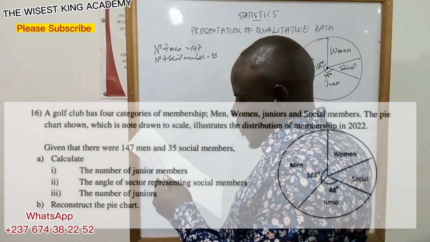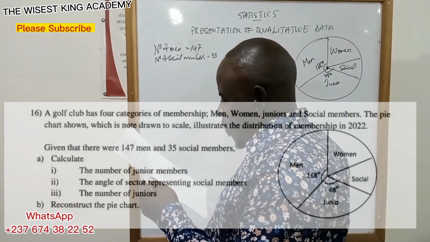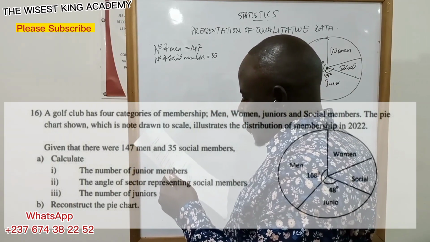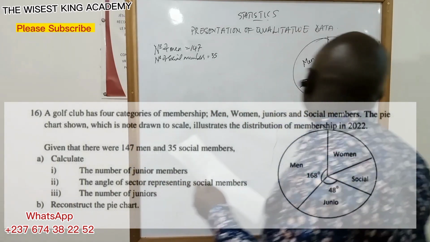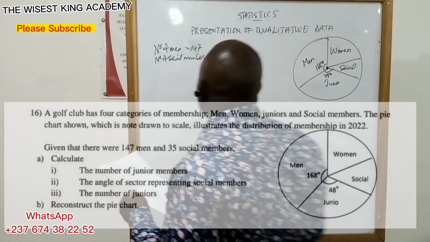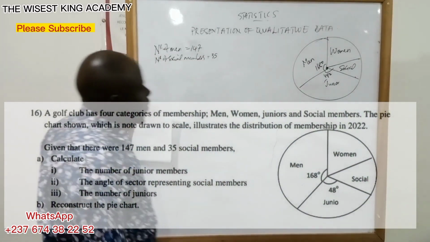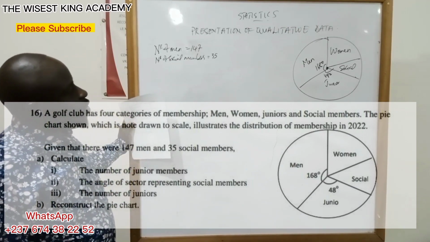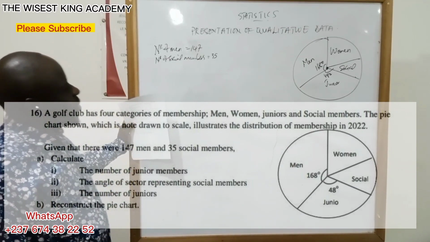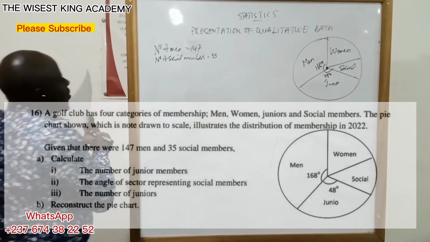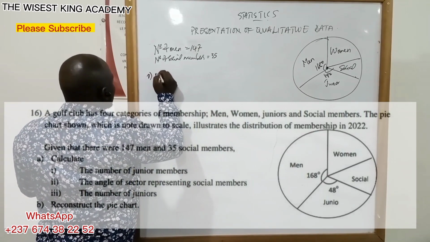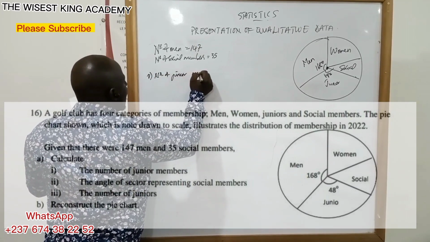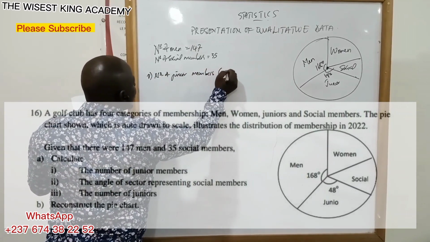To calculate the number of junior members, we actually need the total number of junior members. Let's call it X.